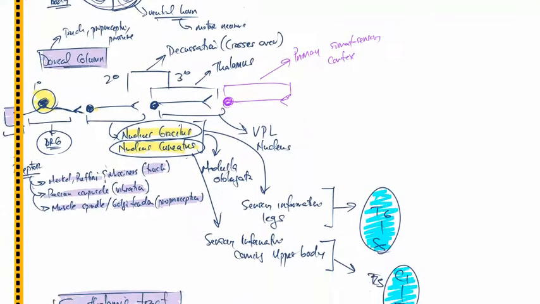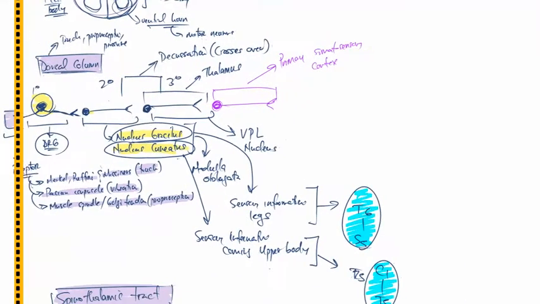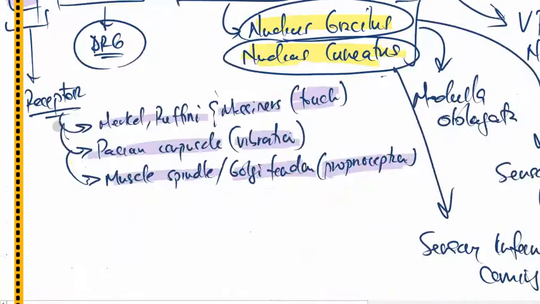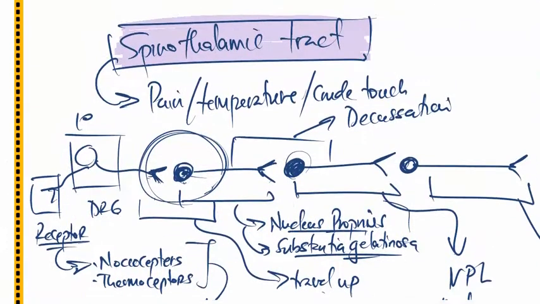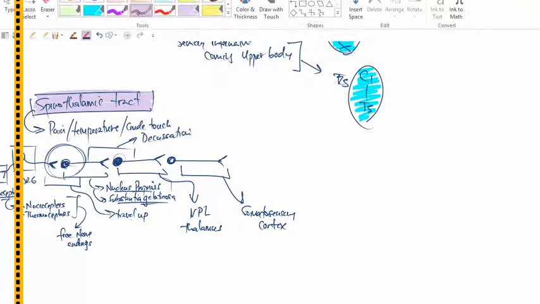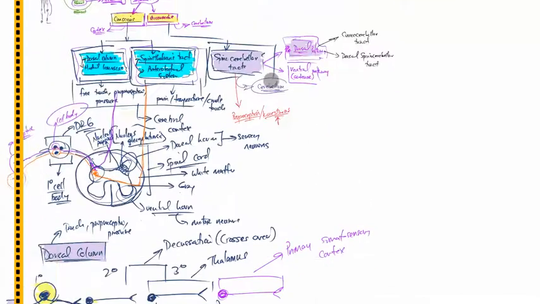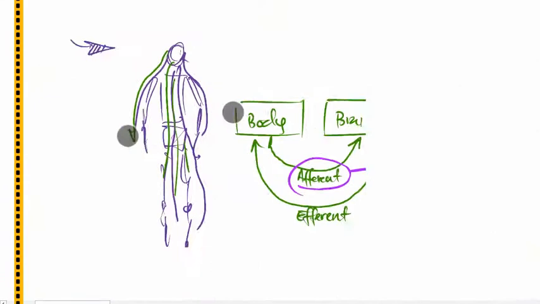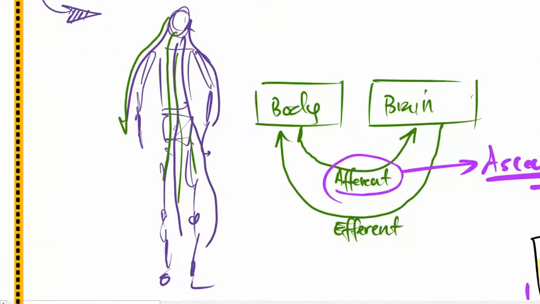Okay, so when you're looking at the dorsal column and the spinothalamic tract, you have to look at the complete person, from head to toe.